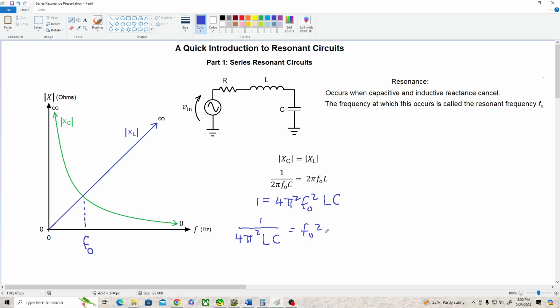And we take the square root of both sides. We end up with F sub O equals 1 over 2 pi times the square root of L times C.